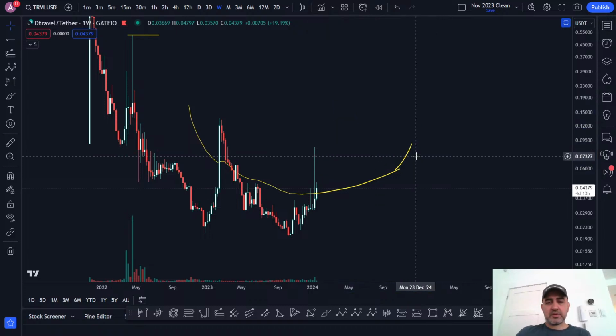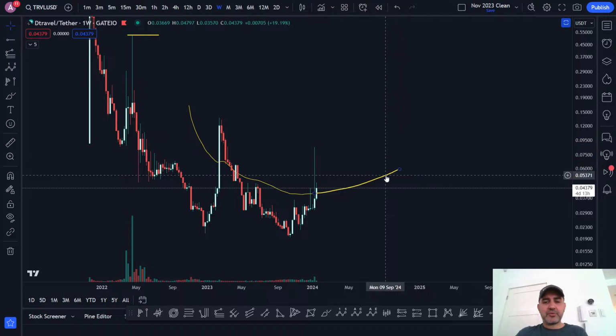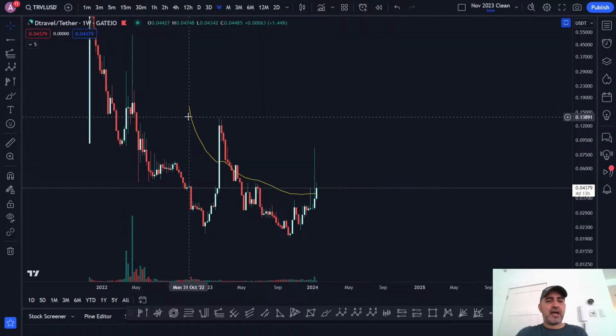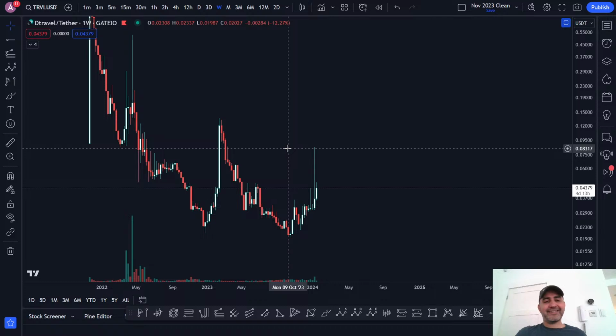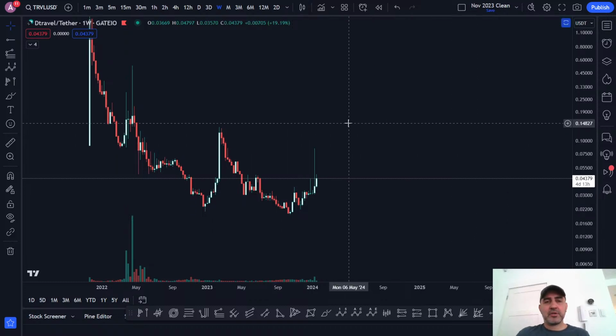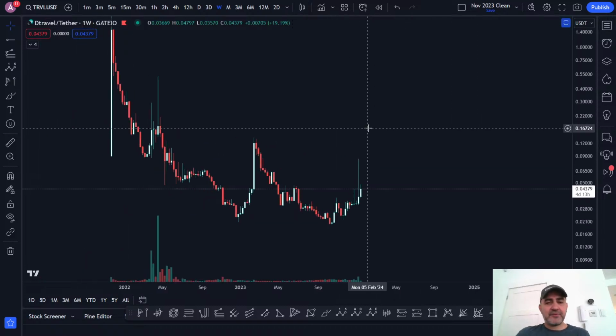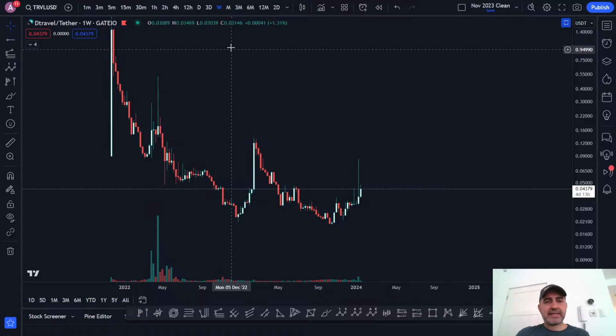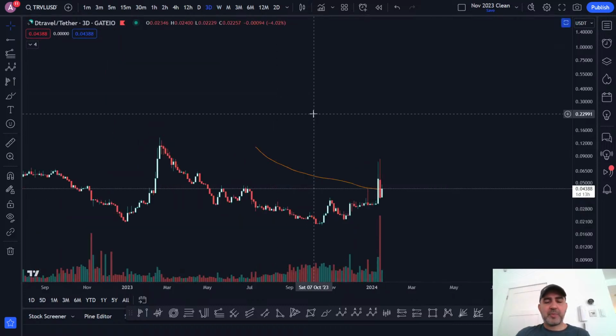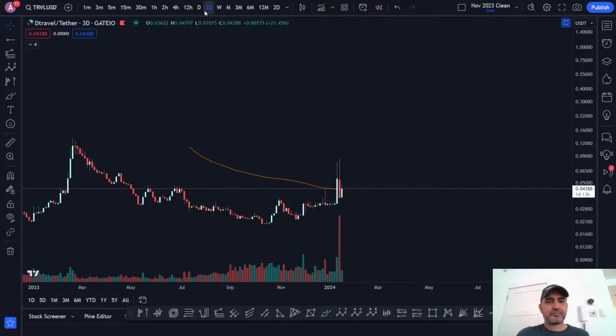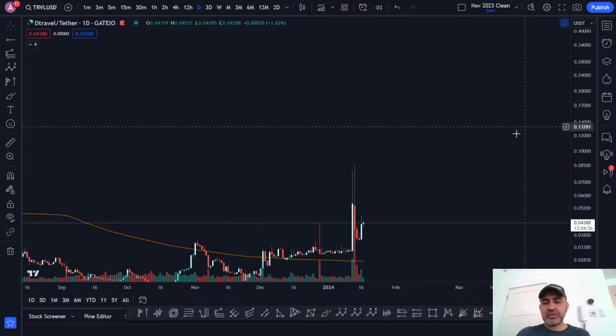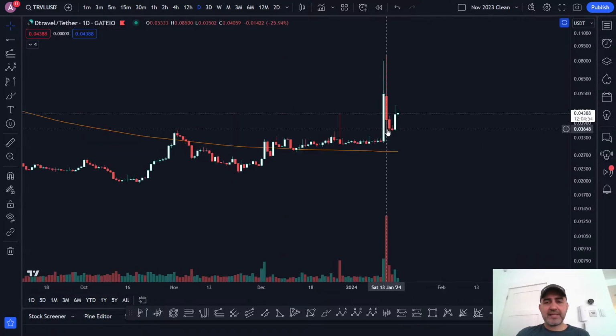So that brings me to, how do you accumulate during a bull run? Because I'm suggesting that people buy. I think there are different ways of doing this, and the easiest way will be simply to pick a time frame as we move up, and when these red candles close, you accumulate. You only buy the red candles.